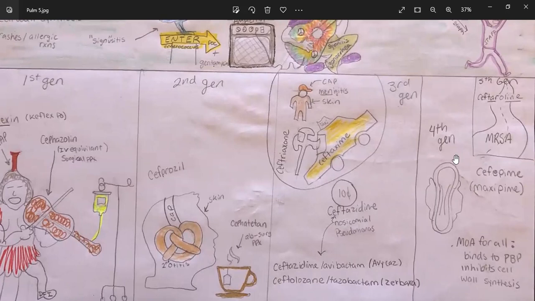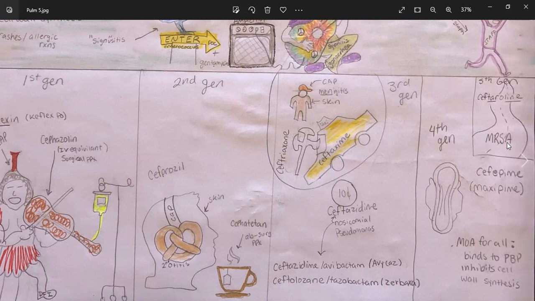Then our fourth generation is cefepime. Brand name is Maxipime, so I drew a maxipad for Maxipime. And then our fifth generation is ceftaroline, so tar and line. This is a road that was paved with tar, and there is a line on the road, so ceftaroline.